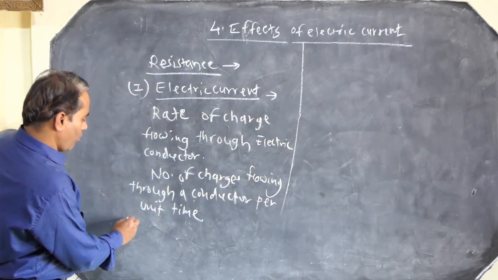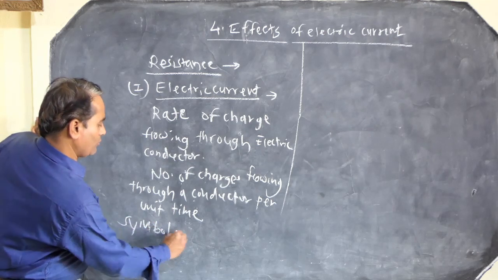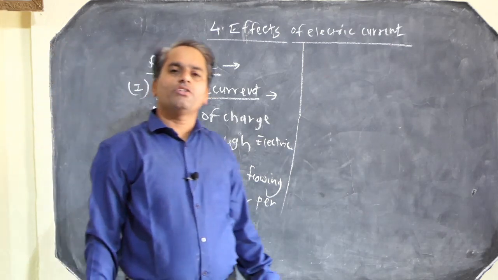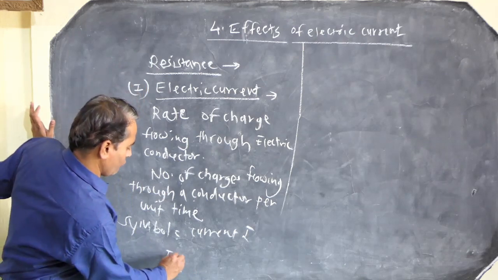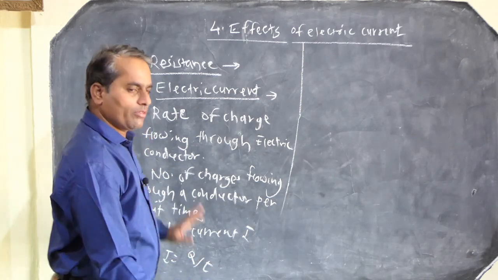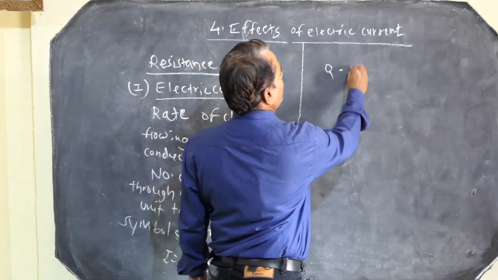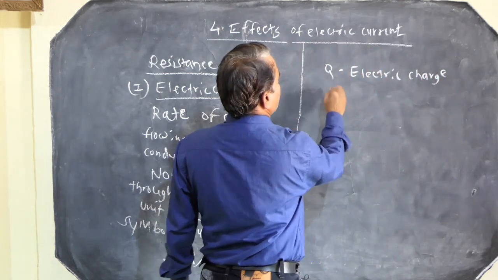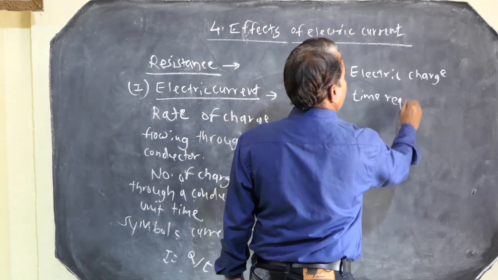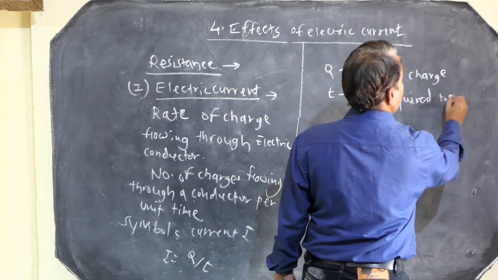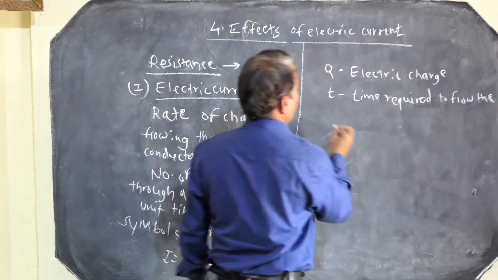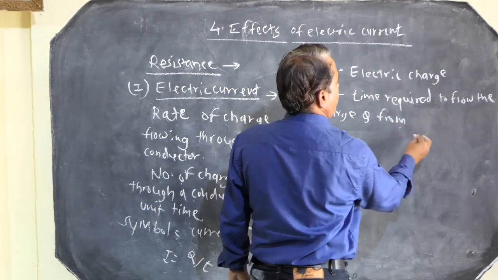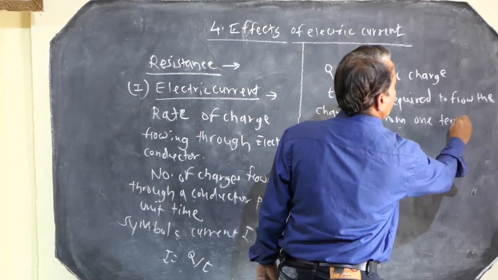We know that the symbol for electric current is I. And according to the definition of electric current, I equals Q upon T, where Q is the electric charge and T is the time required to flow the charge Q from one terminal to another terminal.